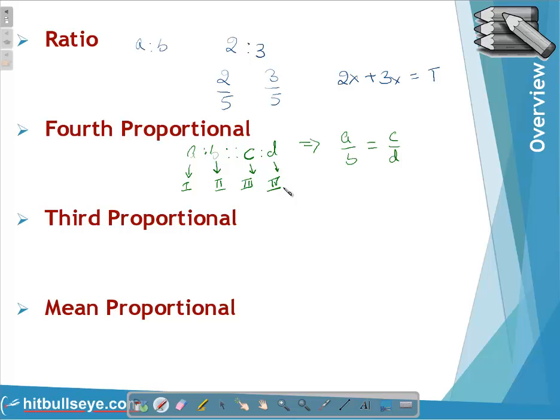Similarly, we could define the third proportion. The third proportion is defined as the third number having the same ratio with the second as the second has with the first.